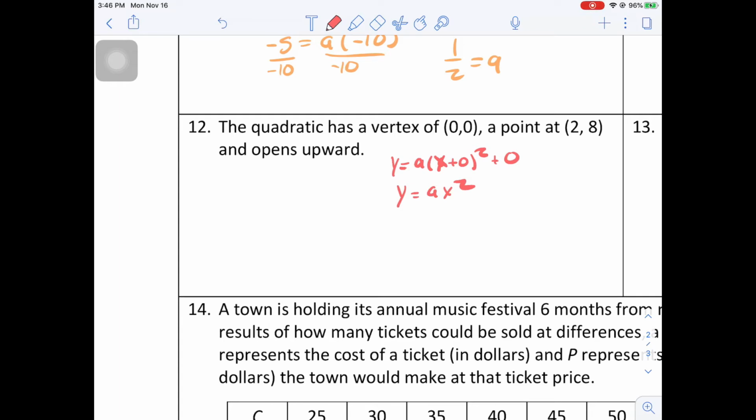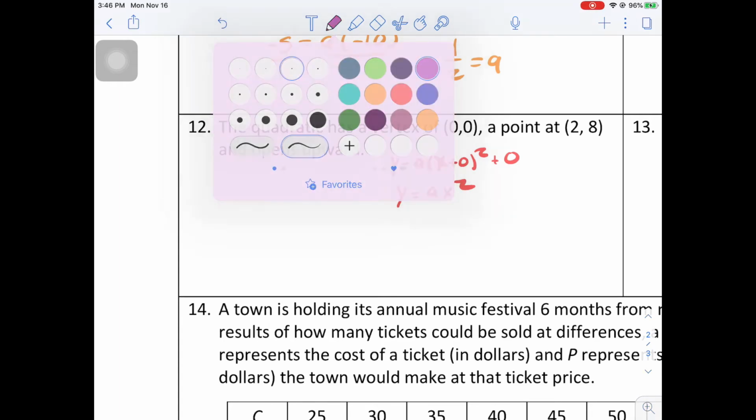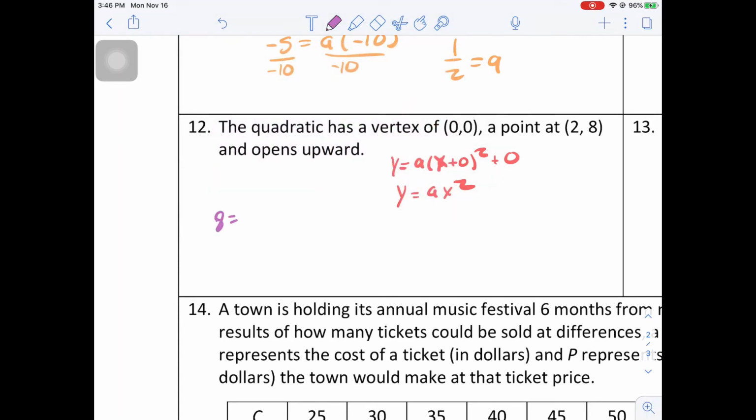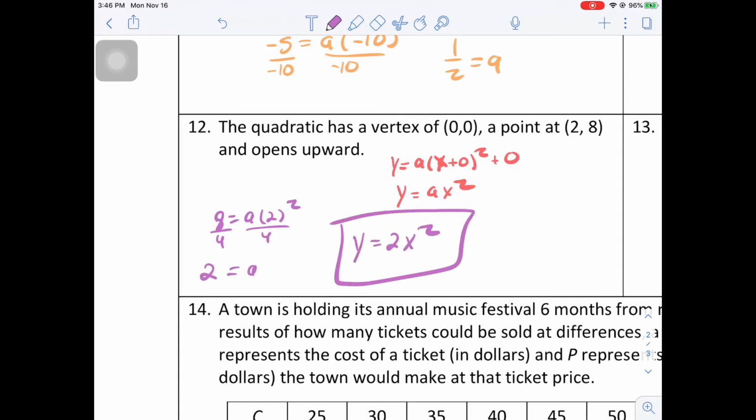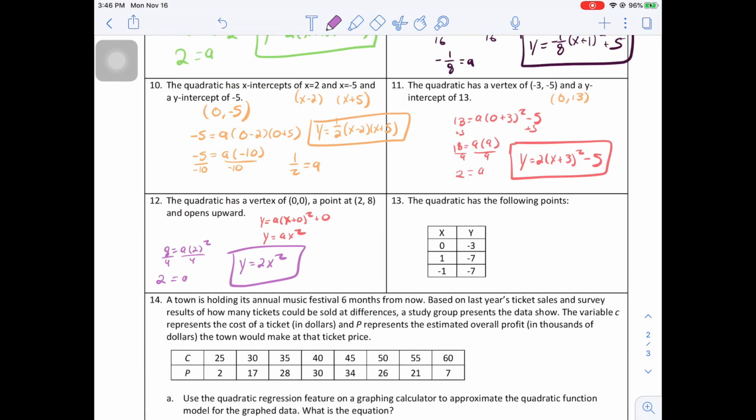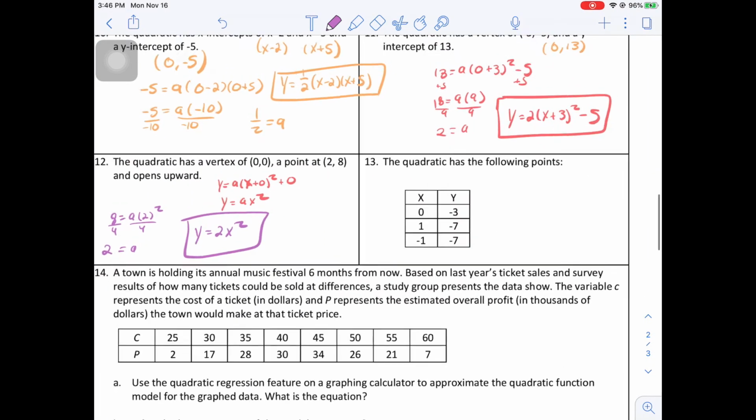So then we're going to go y is equal to a x squared. So then let's plug in the point 2, 8. So we're going to go 8 is equal to a times 2 squared. So we divide by 4 on both sides. a is equal to 2. So we get y is equal to 2x squared. Boom.